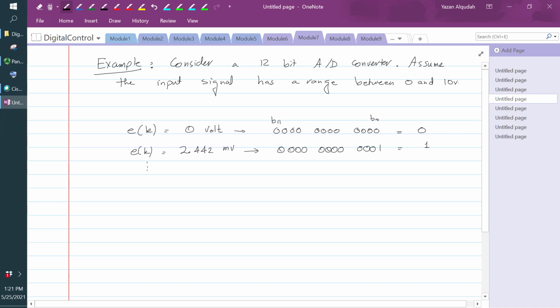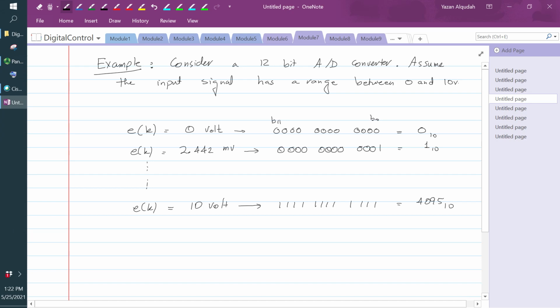And we keep adding this binary all the way till we get to E of k equal to 10 volts. Now this 10 volt is going to be represented by twelve 1s, and this is going to be an equivalent 4095 in decimal.